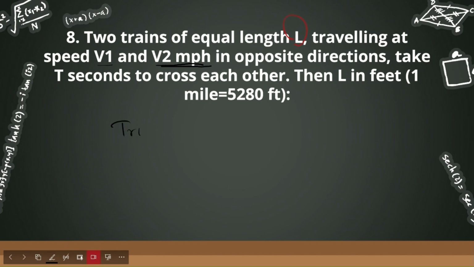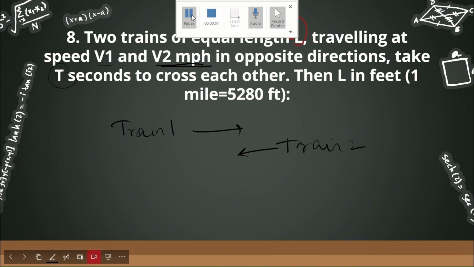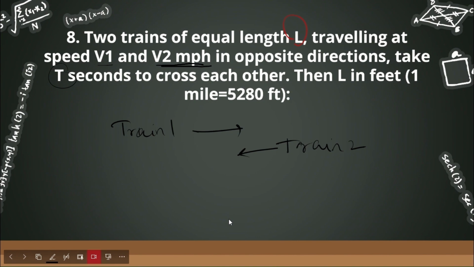So this is train 1, this direction, train 2 in this direction, in opposite direction. They take t seconds to cross each other. Then L in feet is how much? So it's given 1 mile is equal to 5280 feet. Okay, so they take t seconds to cross each other.